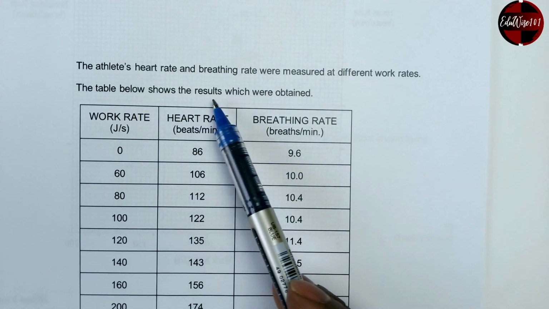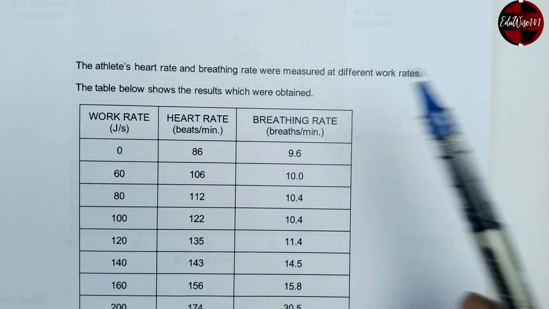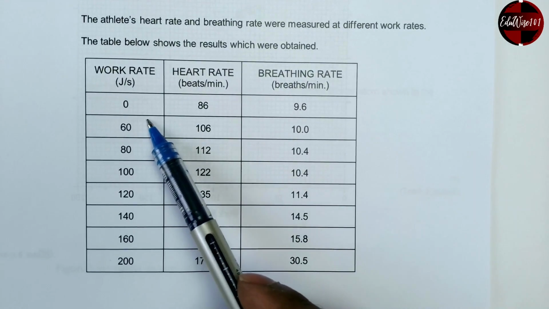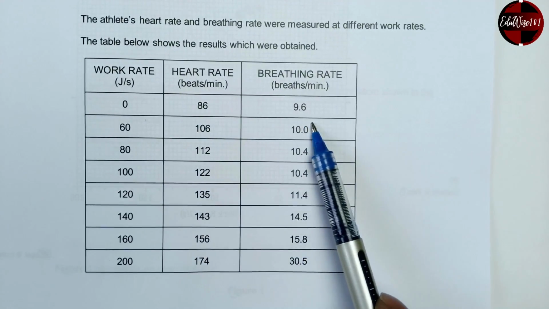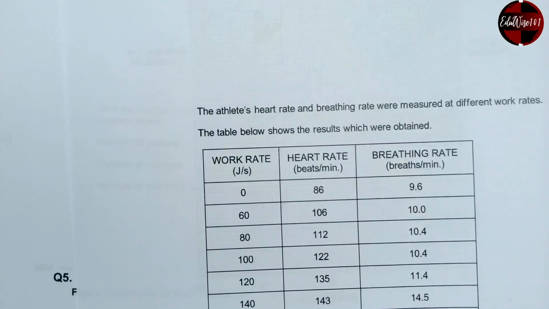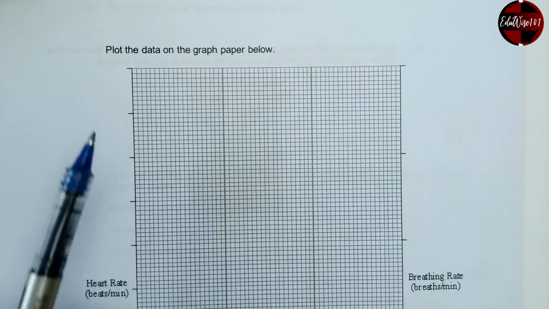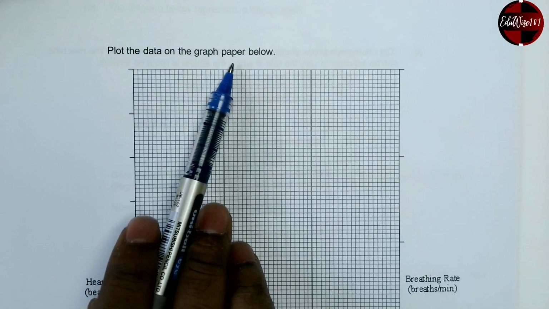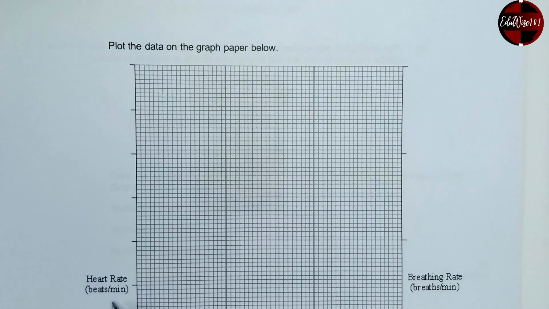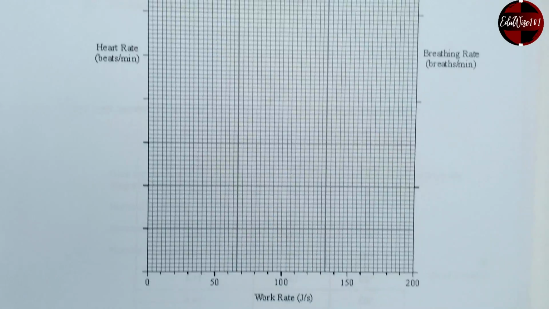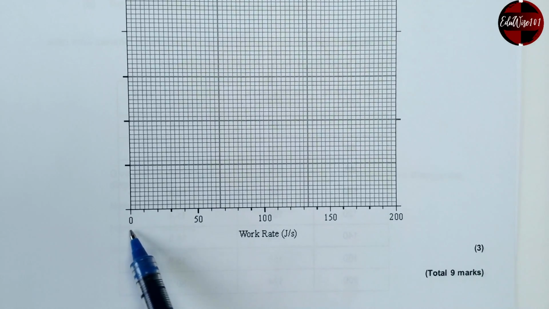The table below shows the results which were obtained. So you got the work rate, heart rate, and the breathing rate. In the next part of the question, they're asking you to plot the data on the graph paper below. So the heart rate they have given you on the y-axis, and the work rate, it goes from 0 to 200.